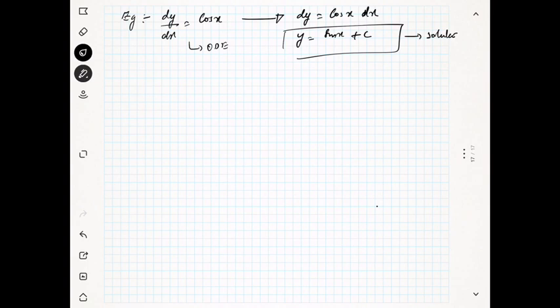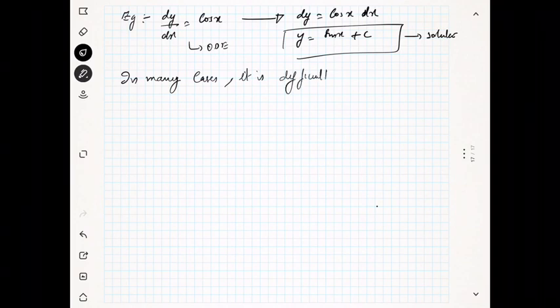However, since the function is cosine x, it was very easy to find the solution. But this is not possible in all cases. In many cases, it is difficult to find the analytical solution.